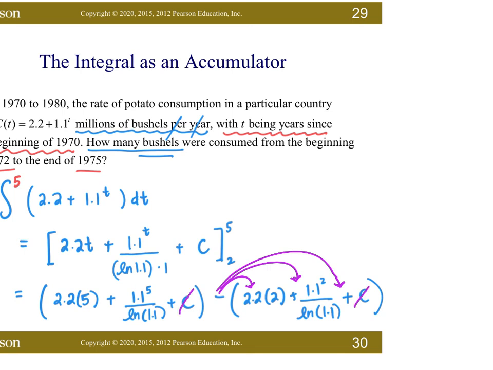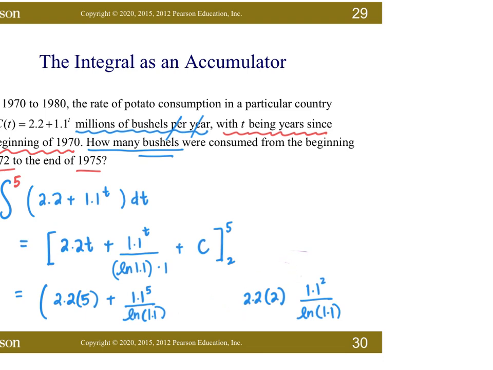So let's see if we can clean this up a little bit. So this plus c is gone. So is this plus c. Okay, the subtraction is going to turn a couple of the signs around.